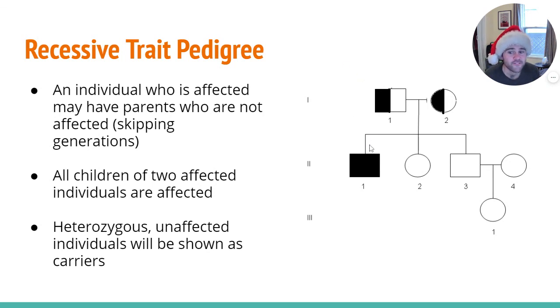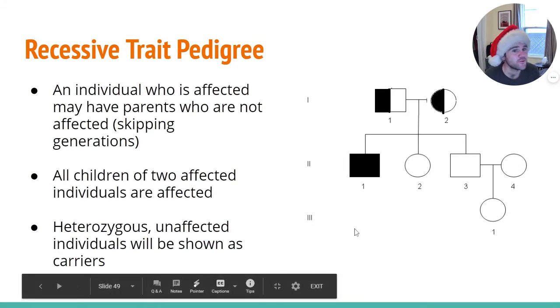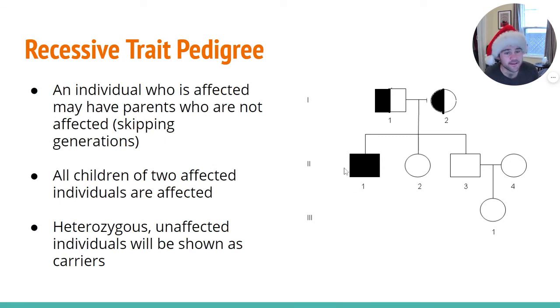All children of 2 affected individuals will have to be affected. So if you see 2 people who are affected and they have a child who is unaffected, it can't be recessive, because remember, if you're affected, you only have that little allele, and little alleles are only going to make more little alleles. And then you can draw in carriers.